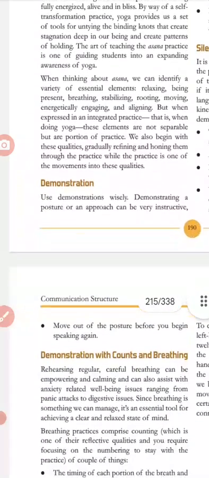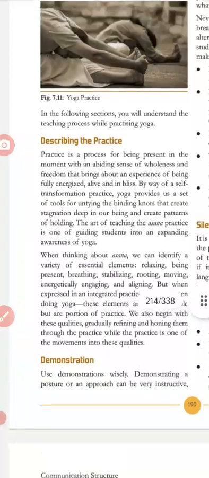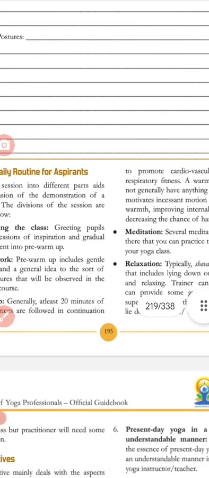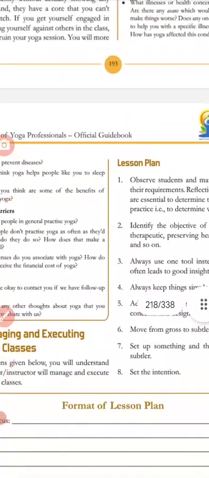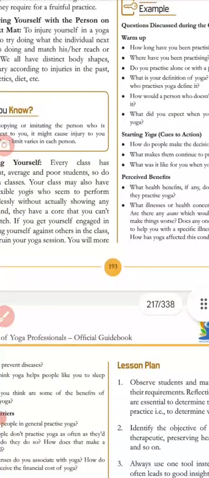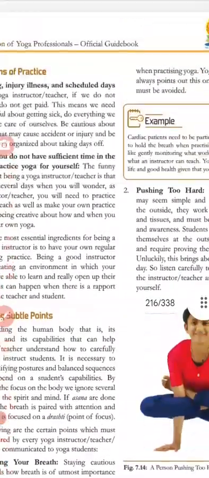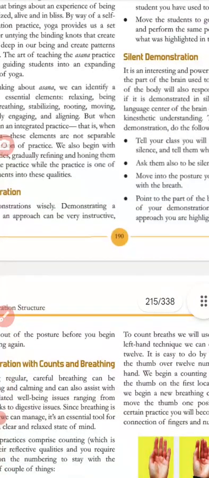Then comes demonstration. So what is a demonstration? We have to first demonstrate the asana, then instruct them how they are going to do it. We are going to demonstrate each and every asana to them in a way that they could perform it, and understand the benefits of that asana, and also how to start and how to end.